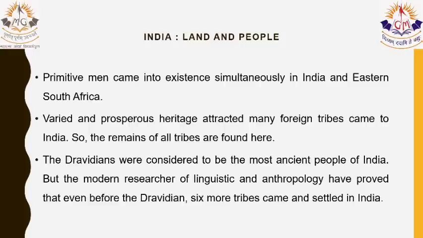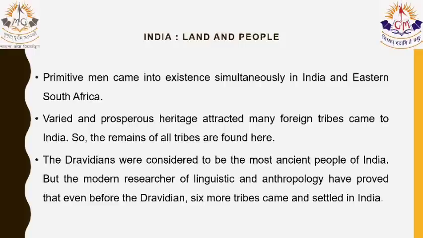So these were the primitive men that simultaneously came up in Africa. Simultaneously means at the same time they came up in Eastern Africa, Eastern South Africa, and India also. Varied and prosperous heritage attracted many foreign tribes and they came to India. So the remains of all tribes are found over here.